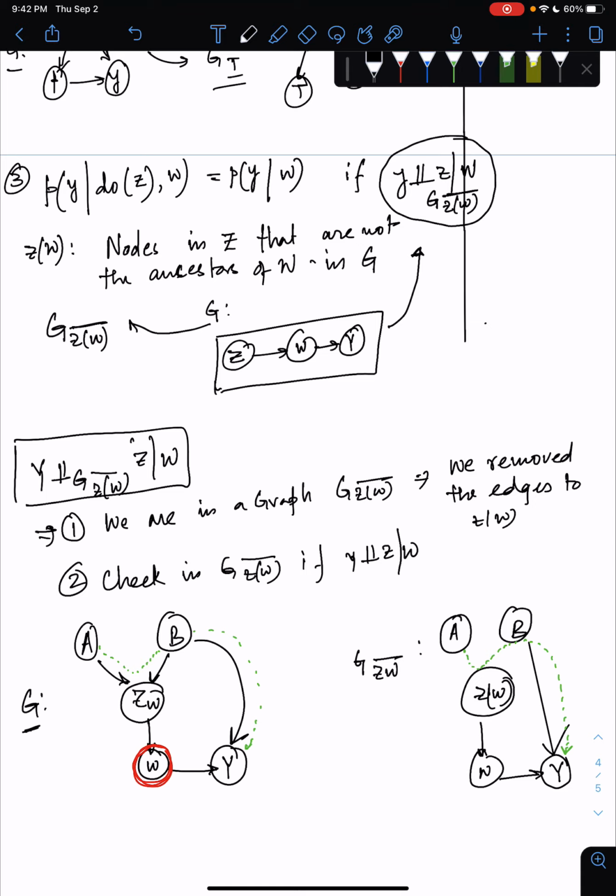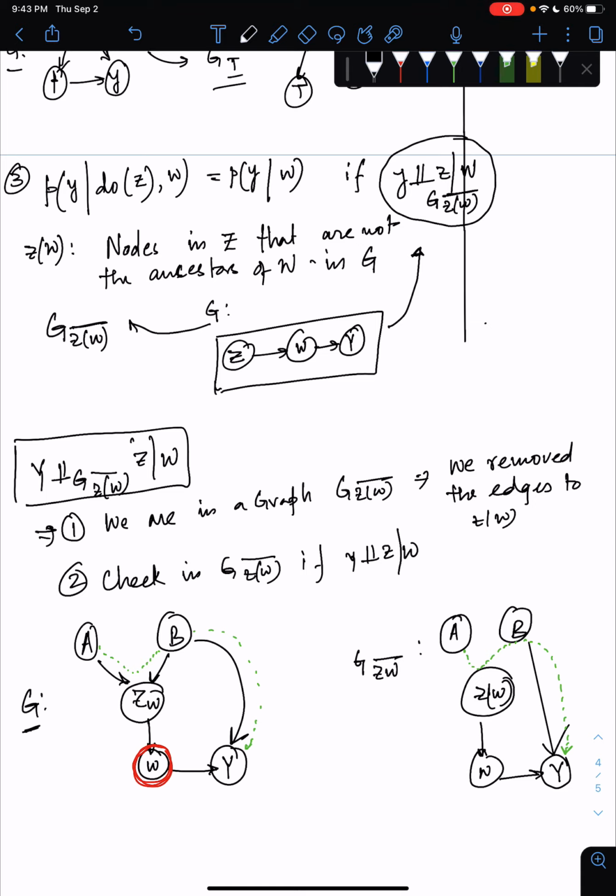I don't know whether you have understood it or not. Let me try it again. If in my original graph W is able to block all the spurious association, and no spurious association should be there in my G ZW bar, then we can say this equals this.